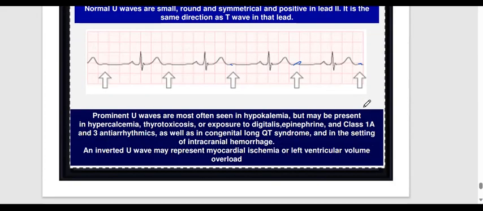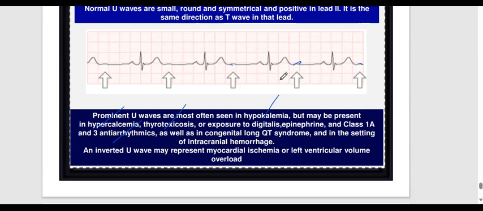But in some cases, you will be able to see the U wave. What are the conditions? In hypokalemia, when potassium is decreased, and when calcium is increased, thyroid toxicity is seen, and with antiarrhythmics. You will also see it in congenital diseases, long QT syndrome, congenital heart diseases.